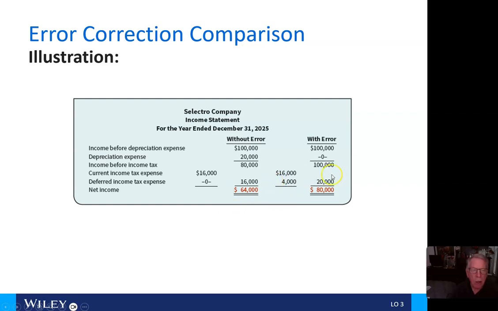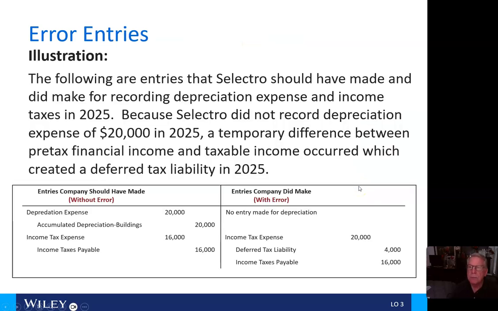But with the error, we would have $100,000 of income before income tax because the depreciation expense had not been subtracted. And we would have recorded current income tax expense of $16,000 with $4,000 deferred income tax expense totaling $20,000. Net income would have been significantly higher, $16,000 higher at $80,000.